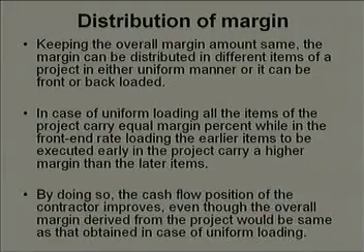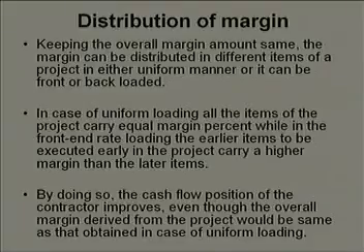Distribution of margin. We had discussed the impact of varying percentages of margin just a while ago. Now, we are going to discuss how the distribution of margin impacts project cash flow.